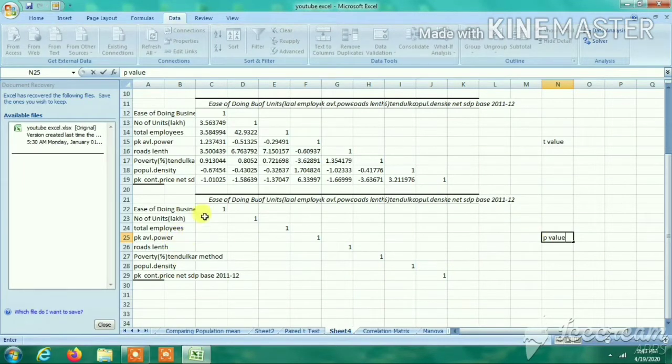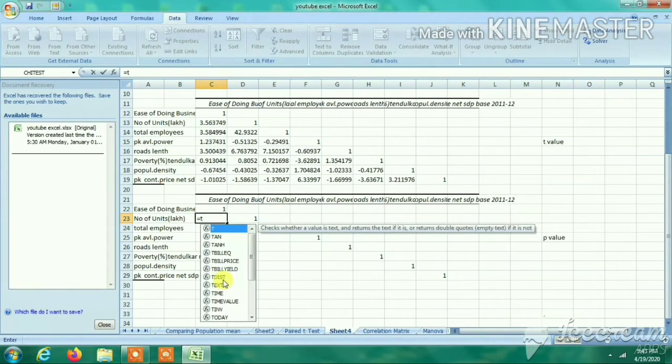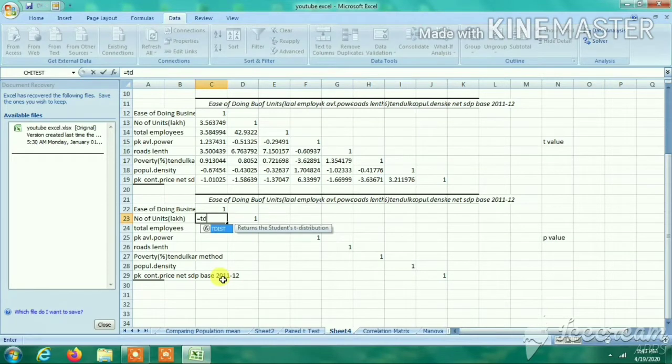How can we proceed? Equal to T.DIST, t distribution will come automatically.